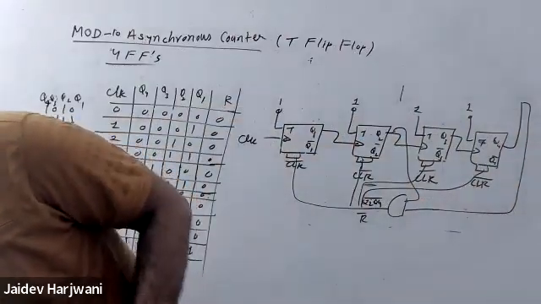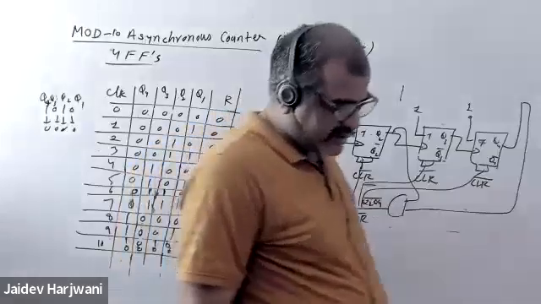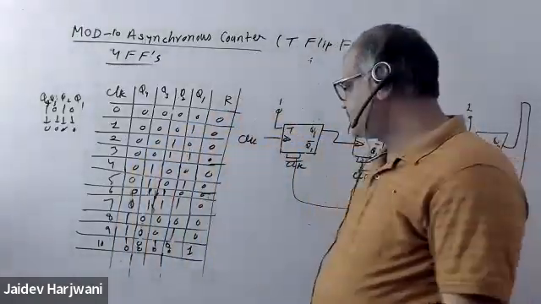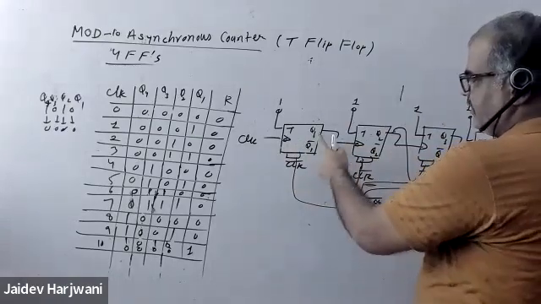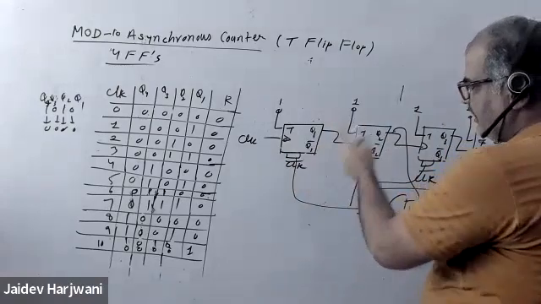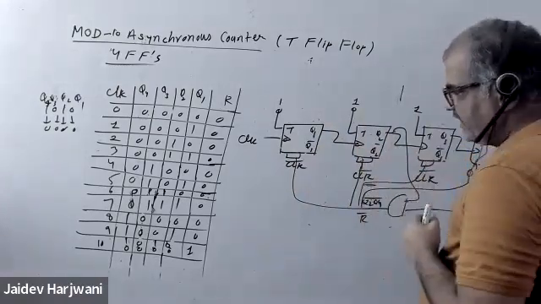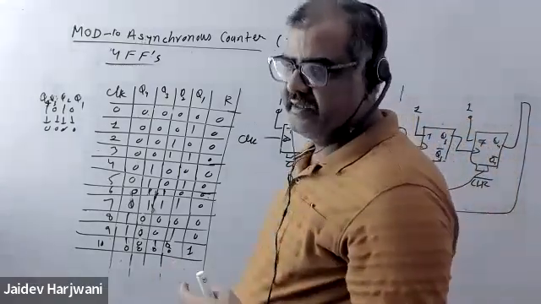Now we'll talk about the frequency limitation of asynchronous counter. Okay, because asynchronous counters are connected in series. Okay, their clocks are connected, so the delay will keep on adding. Each flip flop has a delay. Okay, because flip flop is basically made of what?